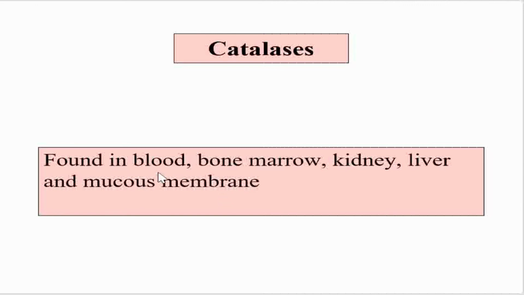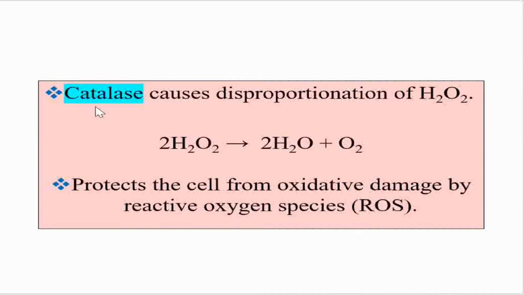And if we see the catalase enzyme, it is found in blood, bone marrow, kidney, liver, and mucous membrane. So almost all parts of the body contain the catalase enzyme. What does catalase do with hydrogen peroxide? Hydrogen peroxide disproportionates in the presence of catalase. The catalase enzyme causes disproportionation of H2O2 into H2O and O2.